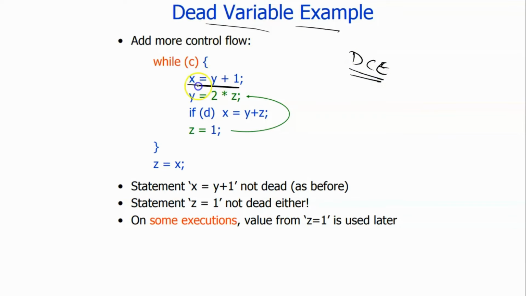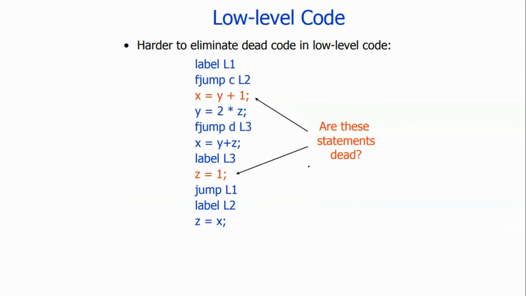Basically, we can say that here this variable x is alive, here this variable z is alive. Anyway, we will see this tomorrow, but the point is that we need to make a control flow graph so that we can do optimization easily and write optimization algorithms: dead code elimination, constant propagation, copy propagation, and many others. So we need something called a control flow graph.